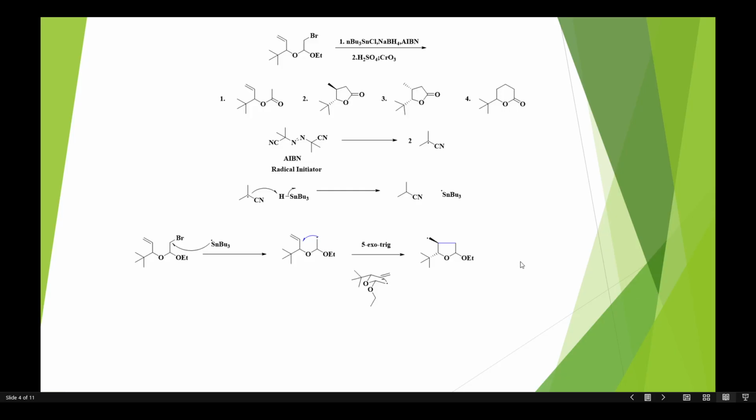In this particular case, why will we get the cis one? You will see from the transition state. Whatever tributyl group is present, after the addition you will see this methyl group present above, but this one present below.